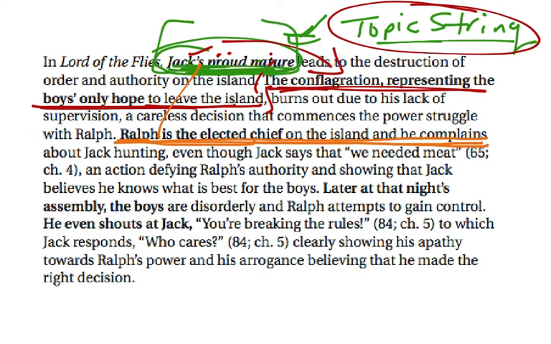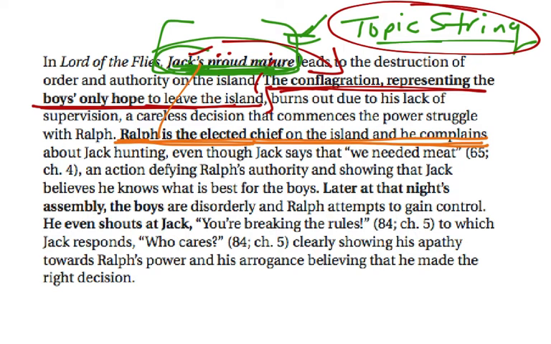And so, if we look at just the topic string, that is the first several words of each sentence, they are creating a problem with coherence because none of the words themselves are linked to the central words of the topic sentence, Jack and pride.